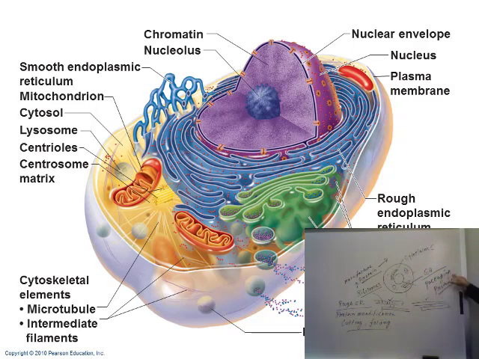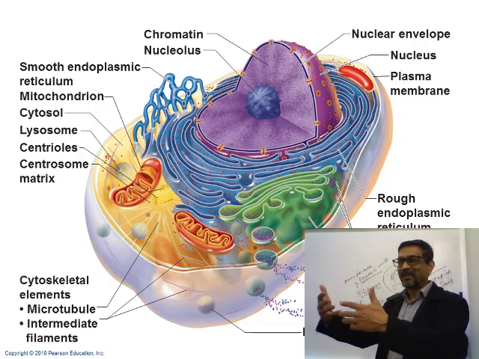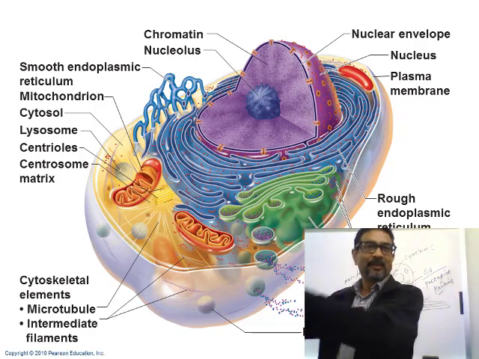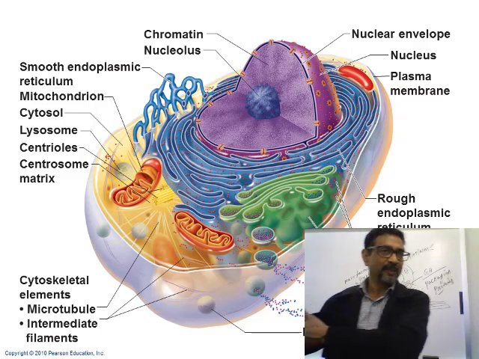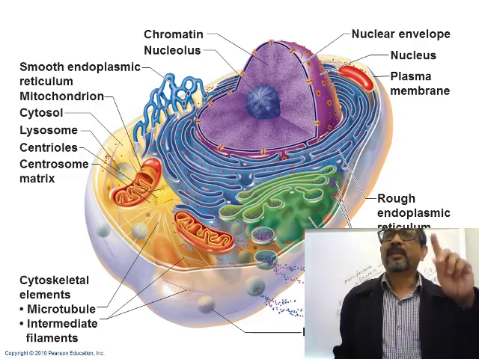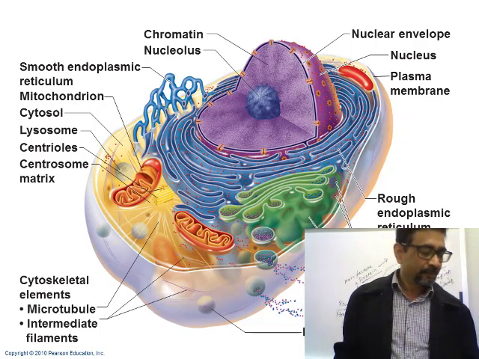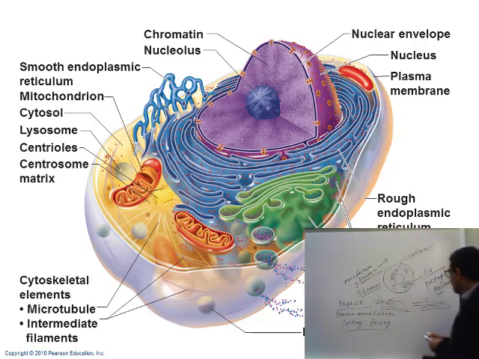What is that? Packaging of protein. Make sense? So it's like a factory. Production, then folding, and then packaging. Make sense? So three structures perform those three functions.